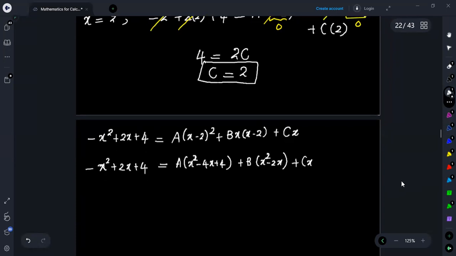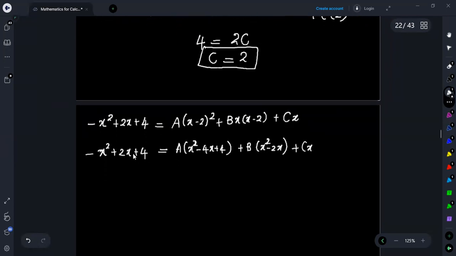Since these two statements are equal, the terms in the left hand side and right hand side should be equal. So we are going to consider the coefficients of x to the power 2. The coefficient of x to the power 2 in the left hand side is minus 1.